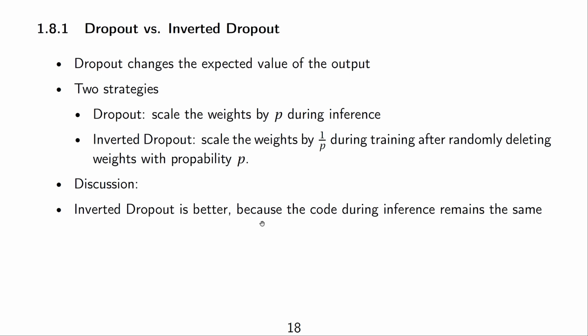Again, think about mobile phones or millions or billions of inference calls. They might be time critical, and also it's just risky. You might mess up the code much more easily if training and inference are linked in a way where you need to remember the parameter you used during training.